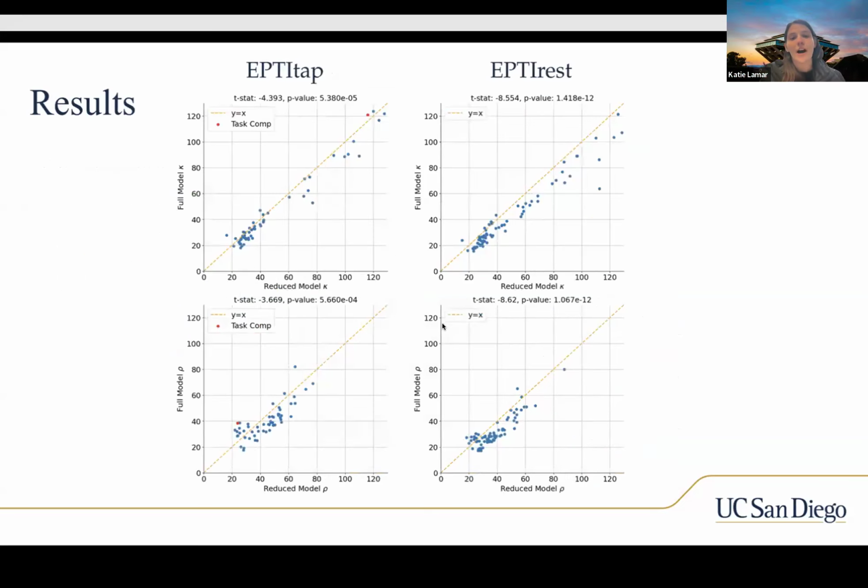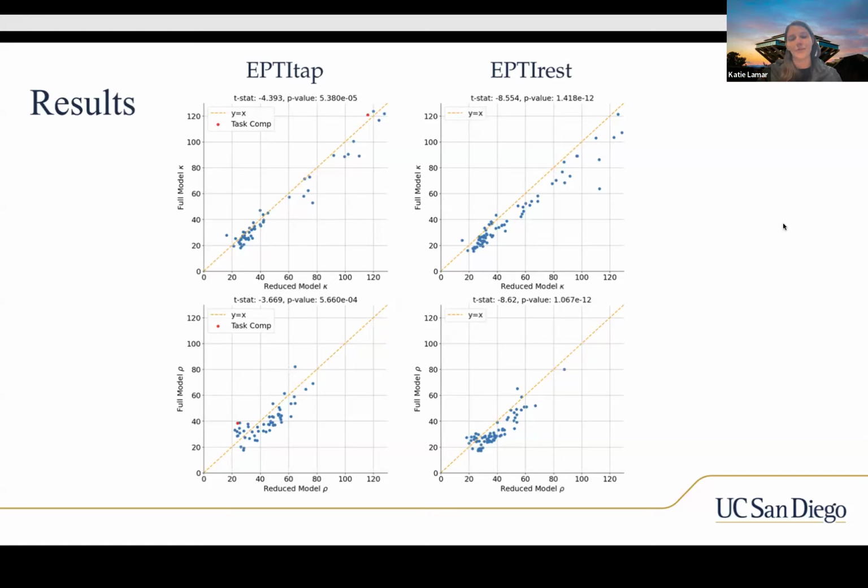Next, we wanted to continue to see what this started to look like. So we did two more. We did the same EPTI tap experiments, but we also did a rest experiment, so there was no task. Basically what we saw overall, if we're just looking at the kappa and the rho values, is that the reduced model actually overshoots for a lot of the values.